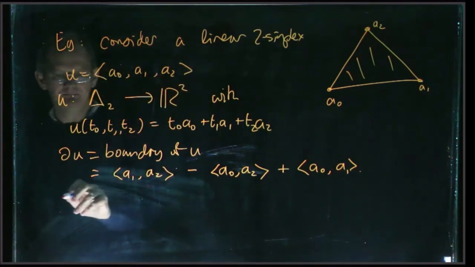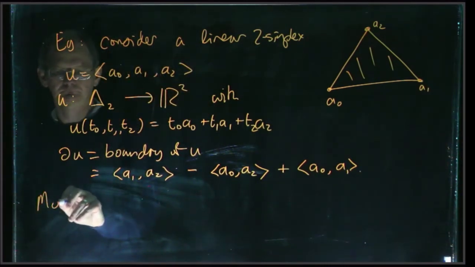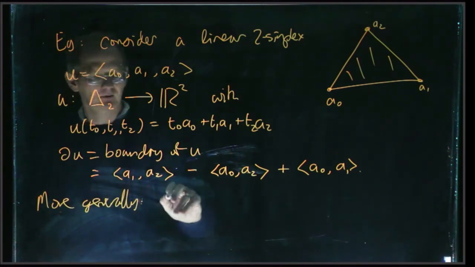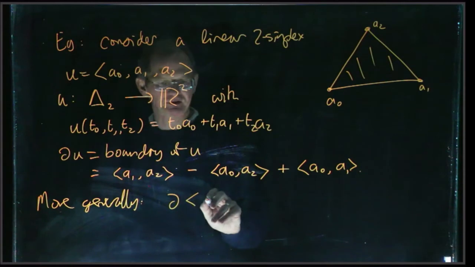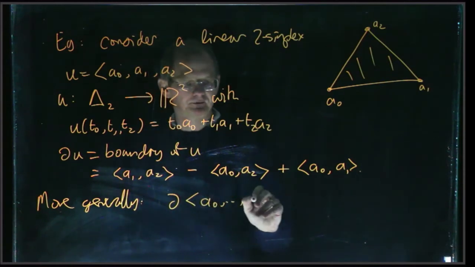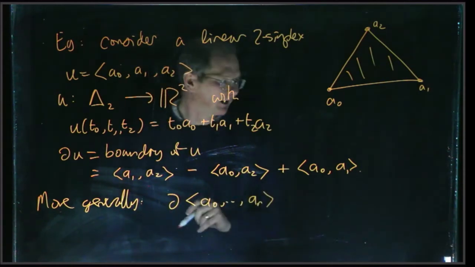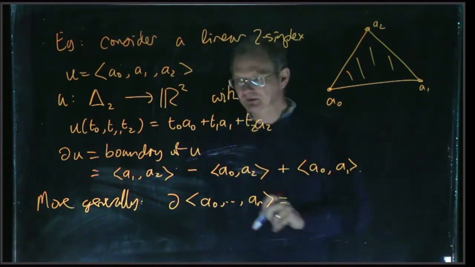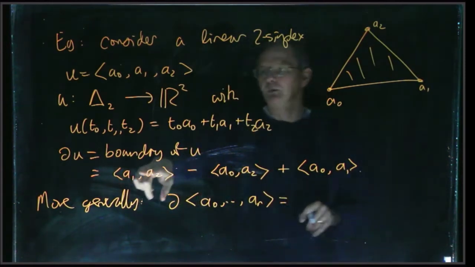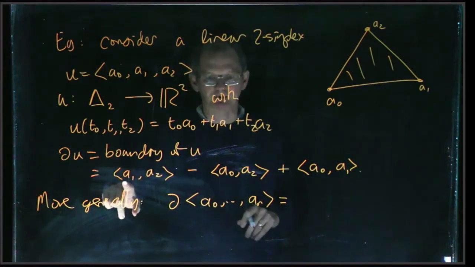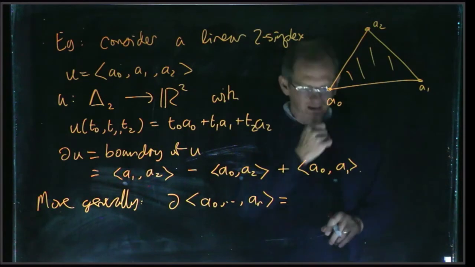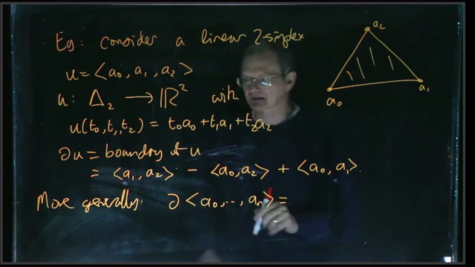More generally, for a linear simplex, we want to make a definition like this. We've got a linear simplex of higher dimension. So look, what did we do here? Here we just left out A0, and here we left out A1, and here we left out A2, and that's the general rule.